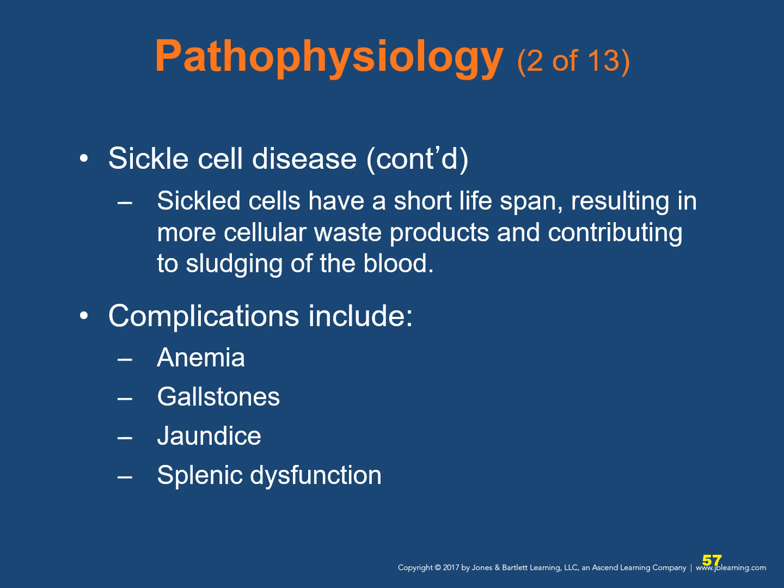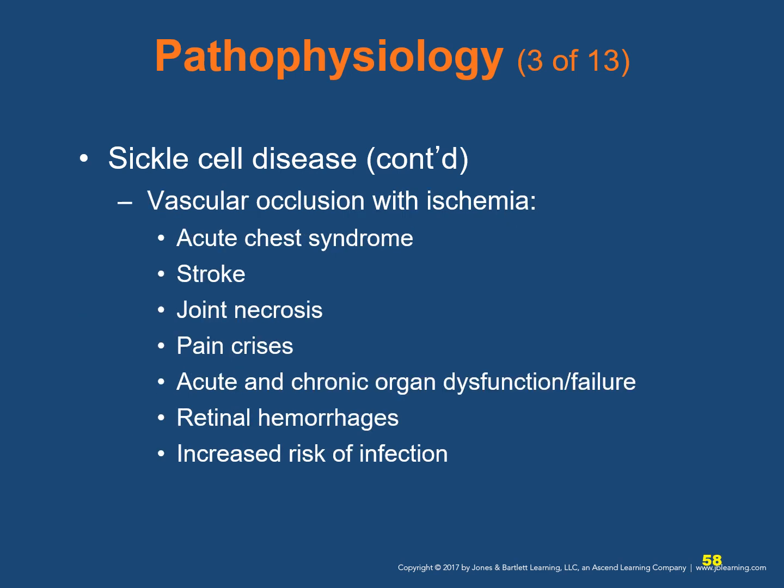Complications associated with sickle cell disease include anemia, gallstones, jaundice, splenic dysfunction. Other problems that can occur are vascular occlusion with ischemia, acute chest syndrome, which includes hypoxia, dyspnea, chest discomfort, and fever.